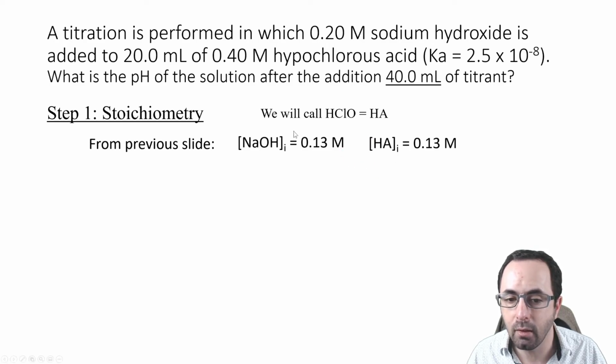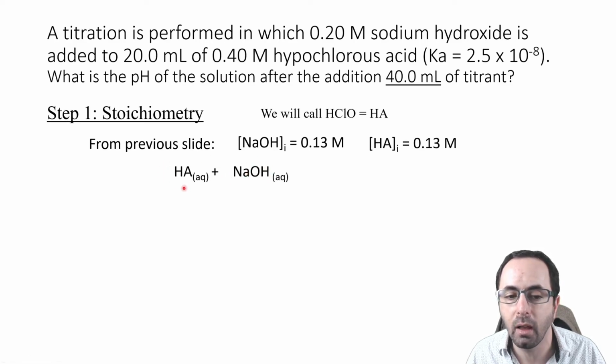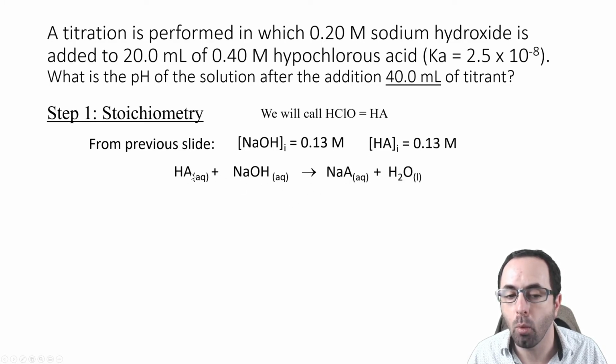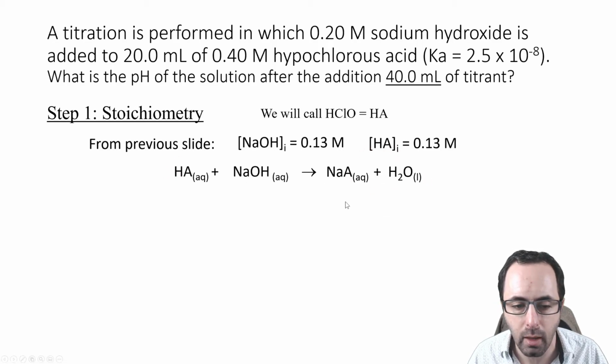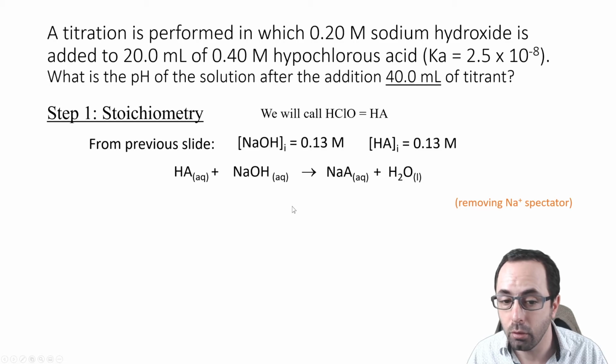The sodium hydroxide is being added to the weak acid. We're going to assume 100% reaction till either the sodium hydroxide or the weak acid is all gone. And what we will produce is the salt NaA and water from the H plus and the OH minus. Normal neutralization reaction. We're going to set up not an ICE table, but a start, change, end stoichiometry table.